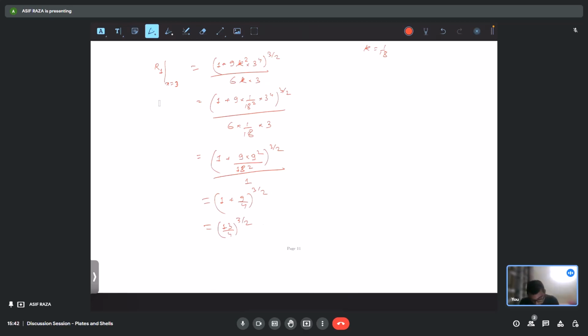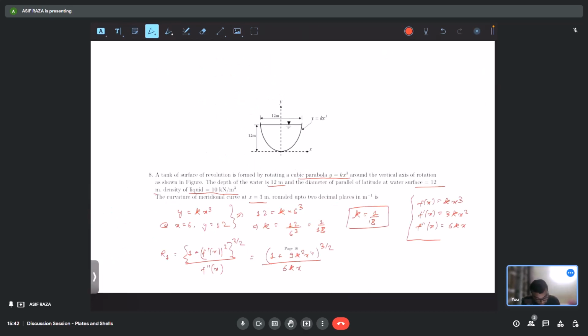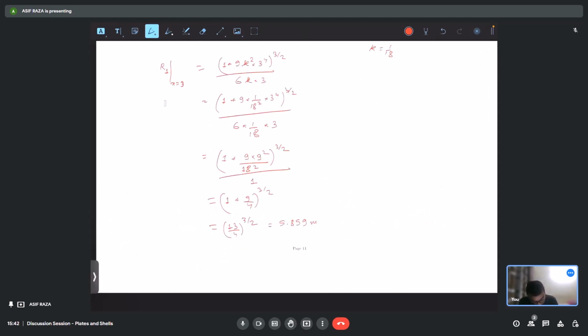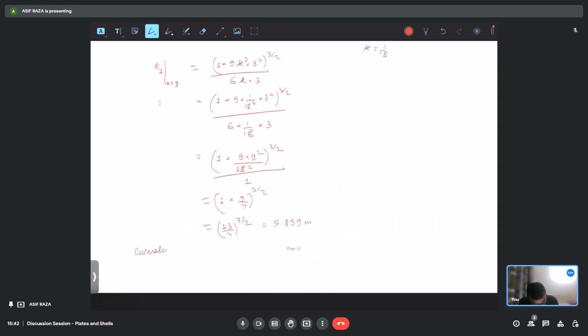This would be equal to 5.859, and so the curvature of meridional curve at x equal to 3 meter would be 1 upon r1, which is 1 upon 5.859.